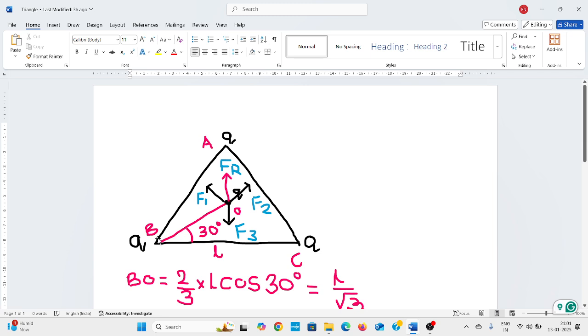And the same for the charge at B and the charge at O: a repulsive force, and the force will be F2. Also the charge at A and the charge at O will be repulsive and that will be downward. That is called F3.